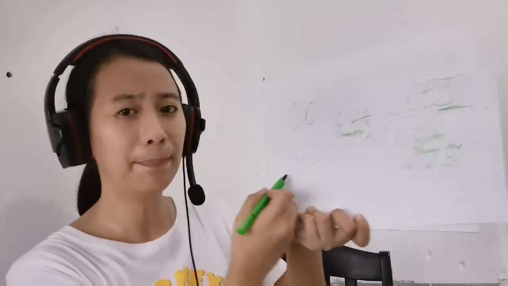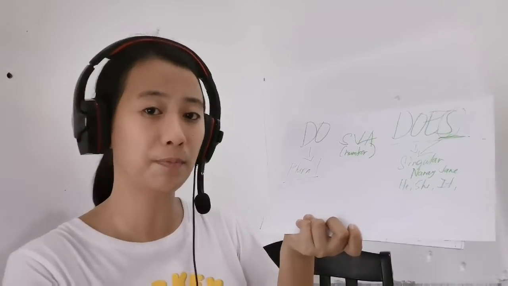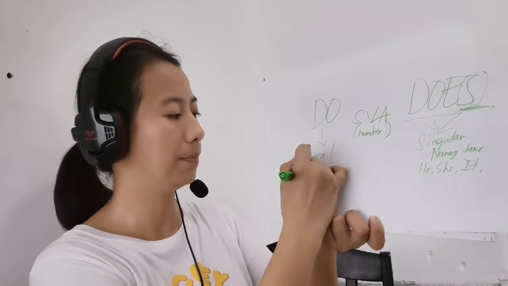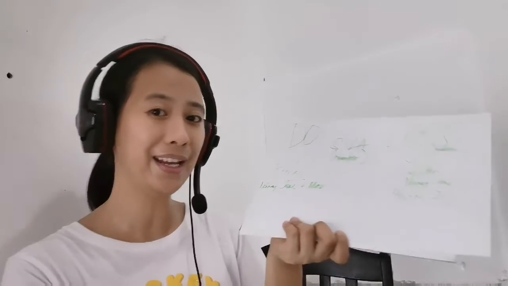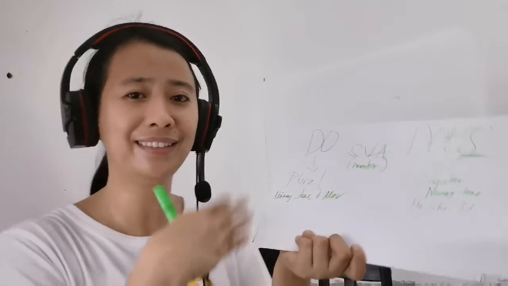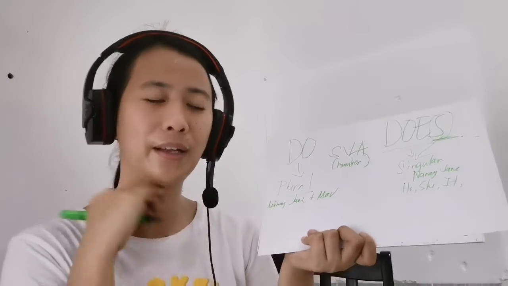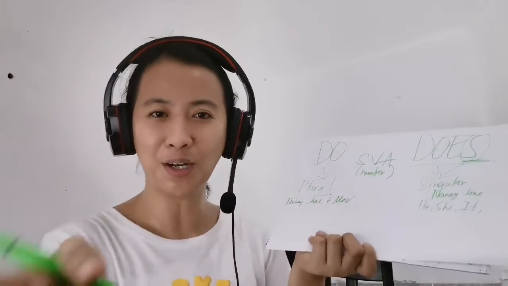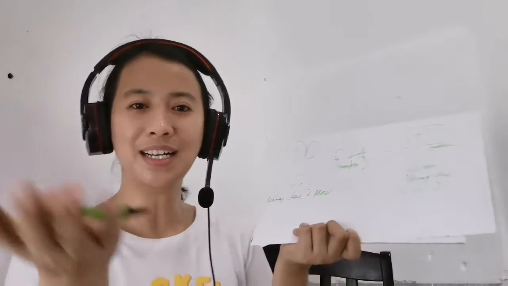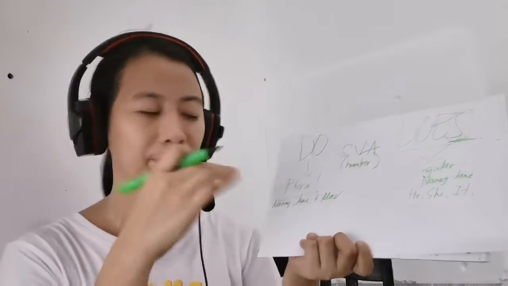Okay. Now, for the plural subjects, so when we say plural subjects, two or more subjects. So, for example, Nanay Jane and Mav. Okay? Two or more. Nanay Jane, Tatay Brian, and Mav. So, again, for plural subjects, we're talking about two or more people, places, things, animals, events, or ideas.